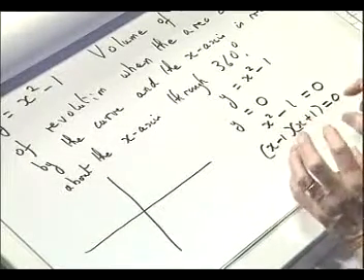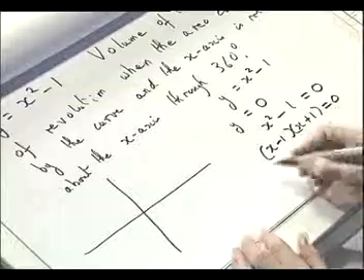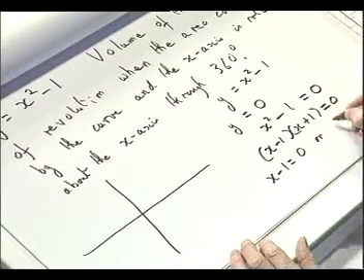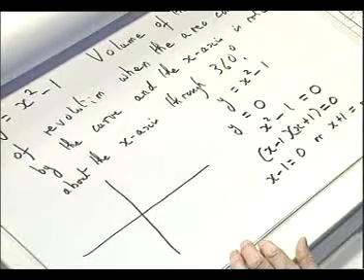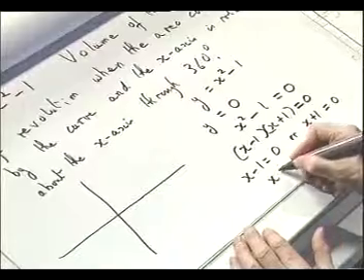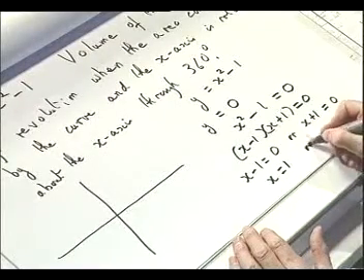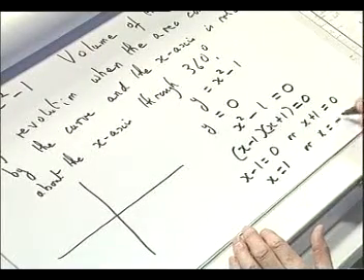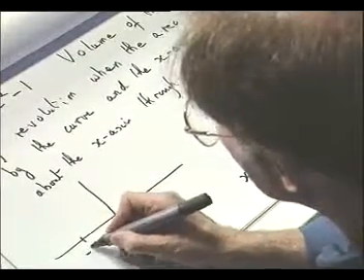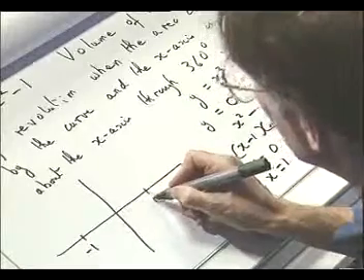So if the two factors multiplied together give 0, then one of them is 0, or the other one is 0, or they're both 0. And this tells us that then x equals 1 or x equals minus 1. So we know that the curve goes through there and through there.